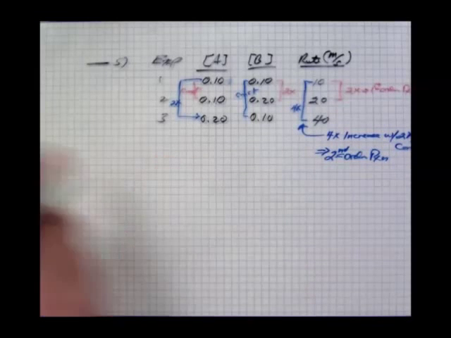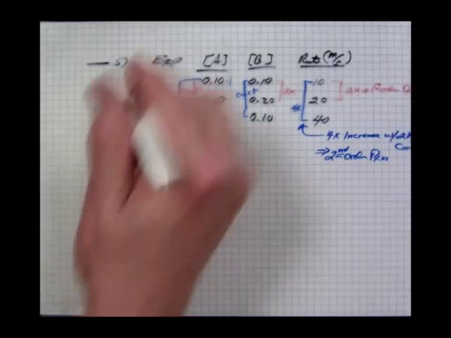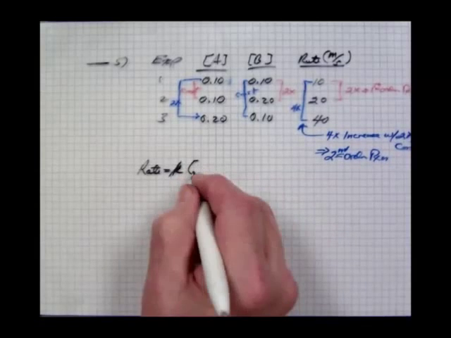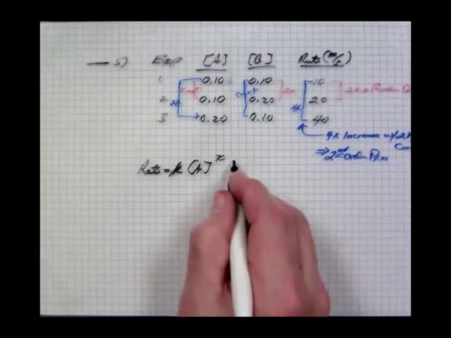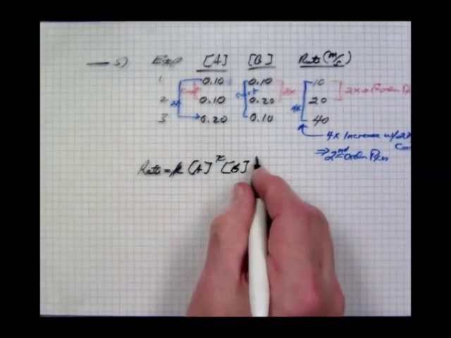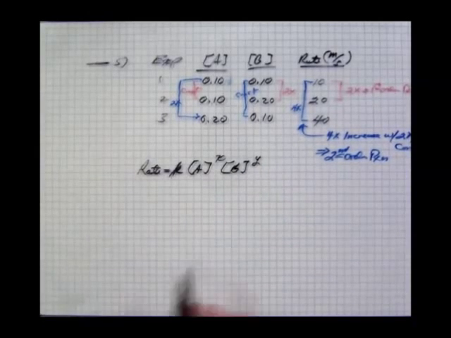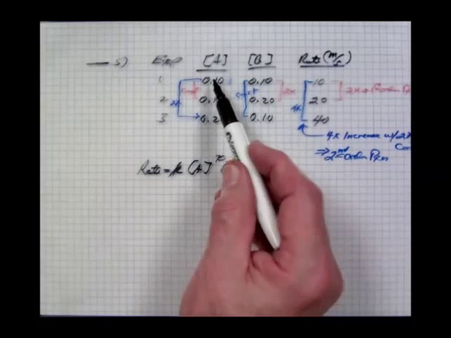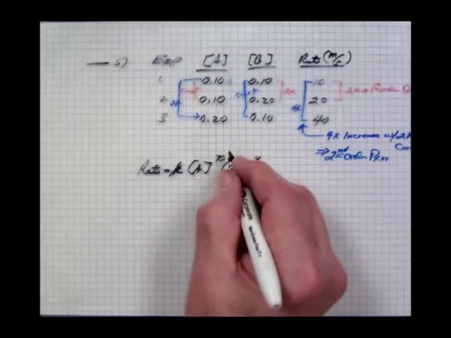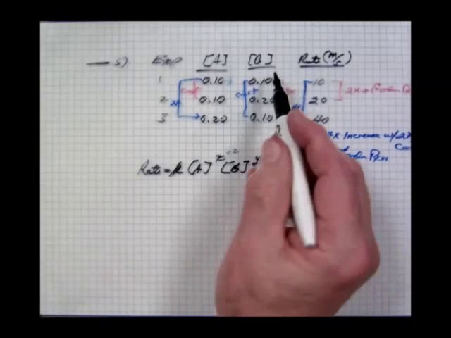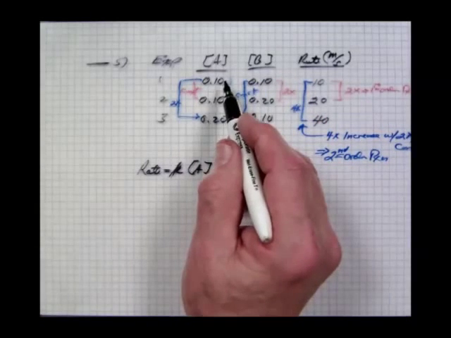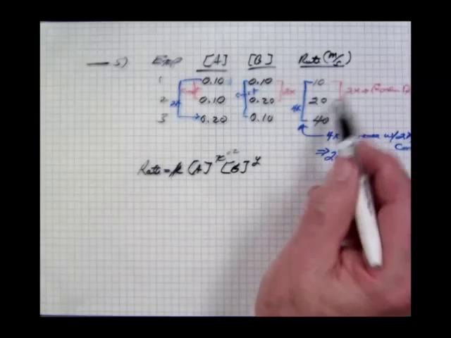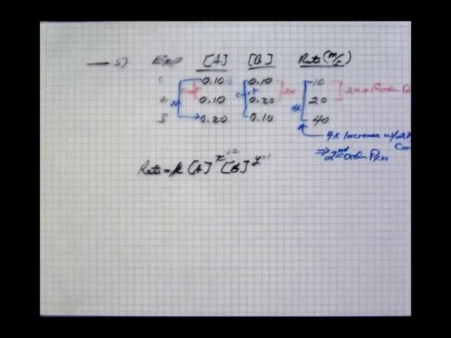So when we write the empirical rate law for this relationship, your job is to find out what x and y are. By doubling A, holding B constant, and observing a 4 times rate change, it's a second order reaction. And for B, we held A constant and doubled the concentration, doubling the rate, so that is first order, and we put a 1 in there.